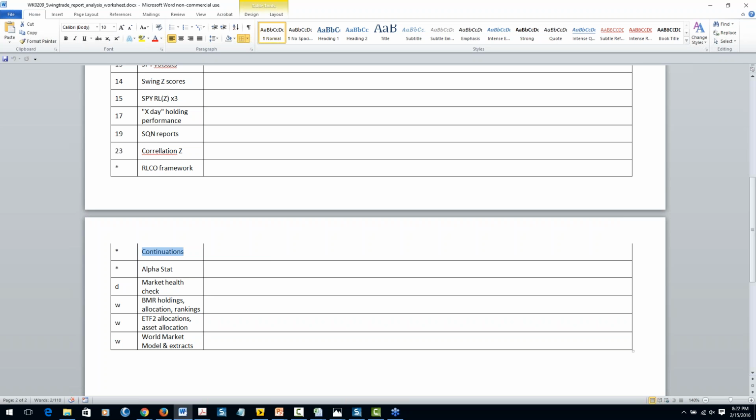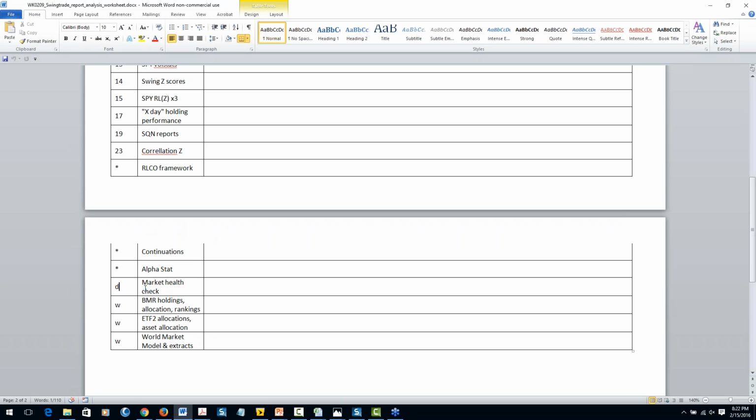So a continuation play would be nothing more than a swing trade from earlier that's still open. It shows you an opportunity to do some reward to risk framing, and then allows you to set up another trade or to inform how you want to manage that trade.